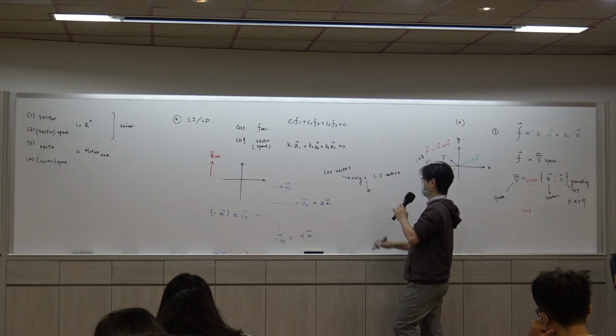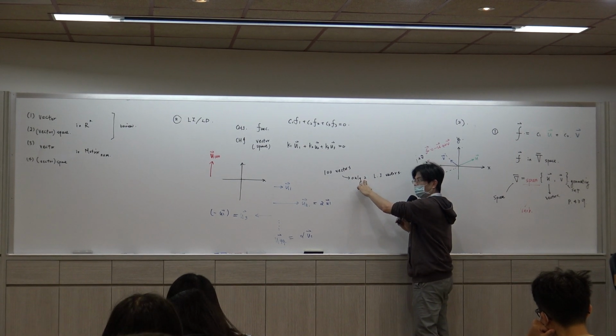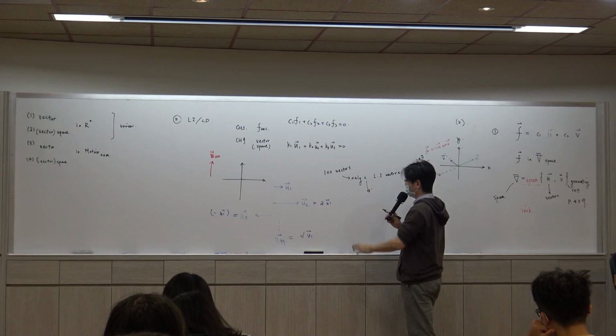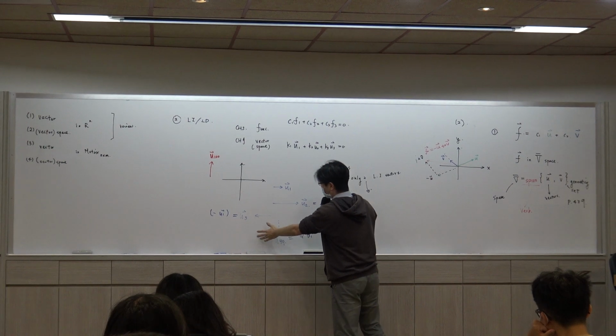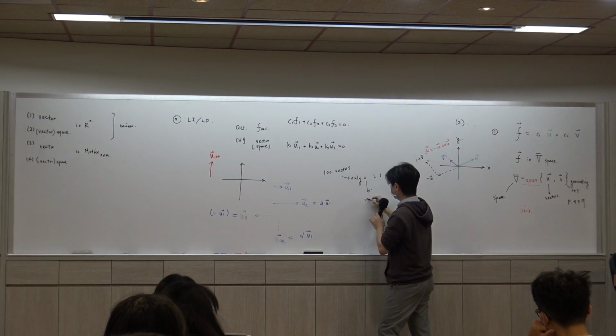So the number will determine the dimension of the space for all the vectors.